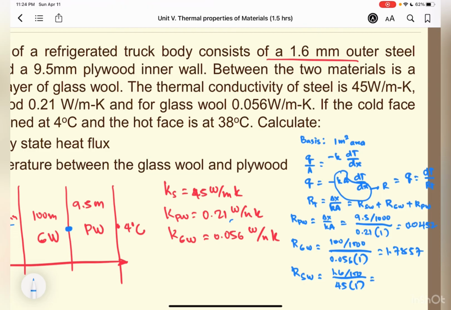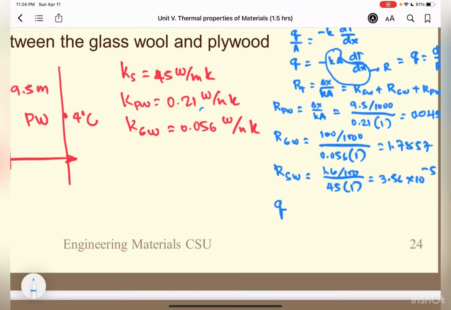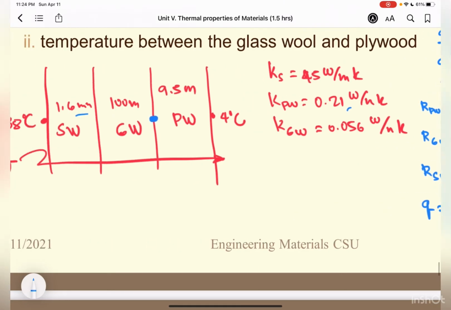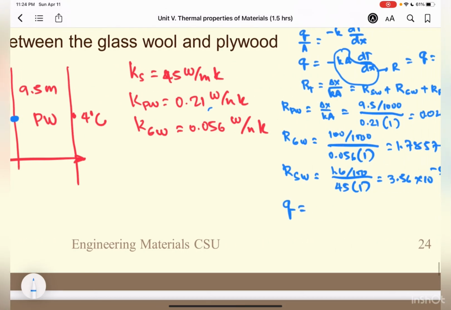You get that as 3.56 times 10 to the negative 5. Knowing all the resistances, I could now get my Q. That is, Q is the delta T, the change in temperature from 38 to 4, which is around 34 degrees, divided by the total resistances.